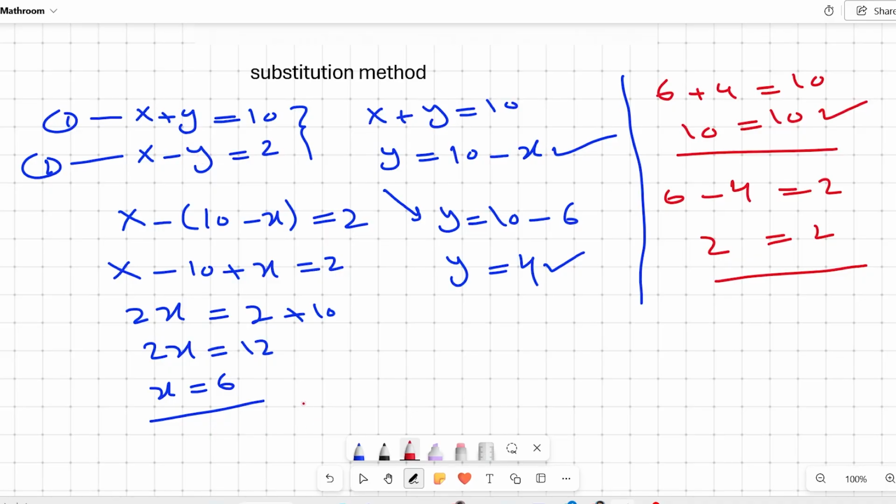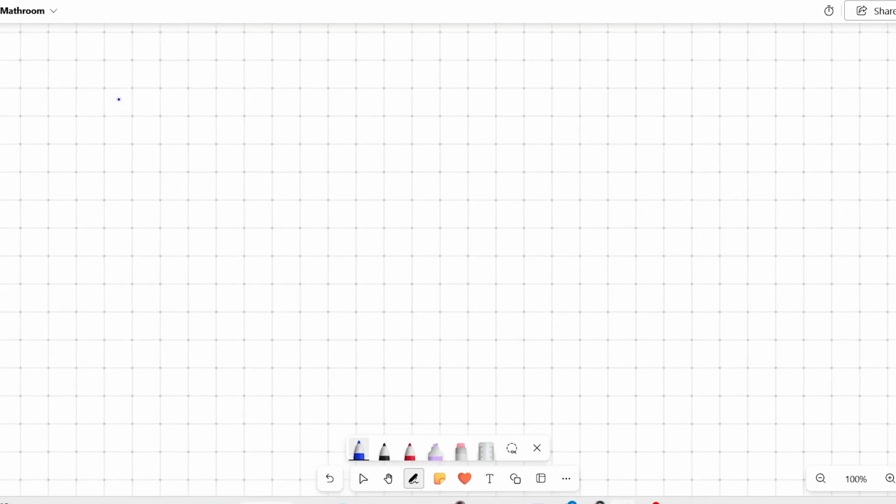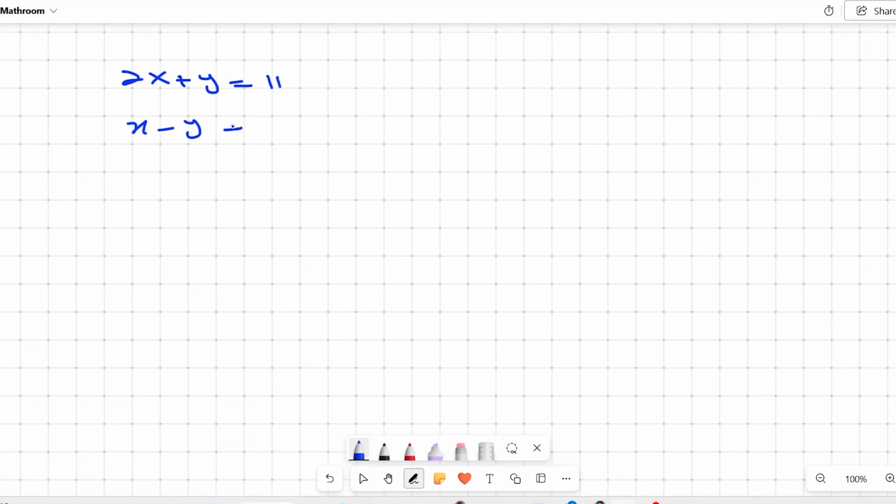So now let's consider another example. The next example is 2x plus y is equal to 11 and x minus y is equal to 1. I solve it with the substitution method.